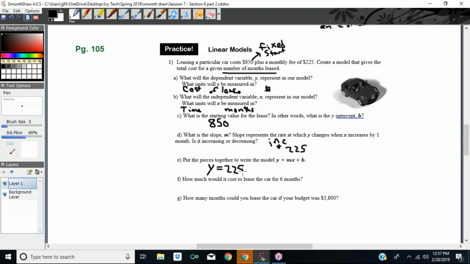Yes, 225 comes after the equals sign, and then our X, and then plus the starting amount, just like so many of you put in. And then it wants us to put in 6 months. Y equals 225 times 6 months plus 850.